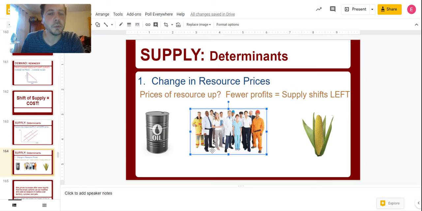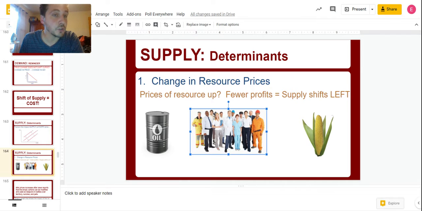Another common resource that we use is people, labor. So if the labor pool unionizes and demands higher wages, and they get them, then that means it's going to cost more to produce the same product. And so some businesses are not going to be able to provide that product, and so supply is going to shift left. They're going to supply less because it costs more to supply any at all.